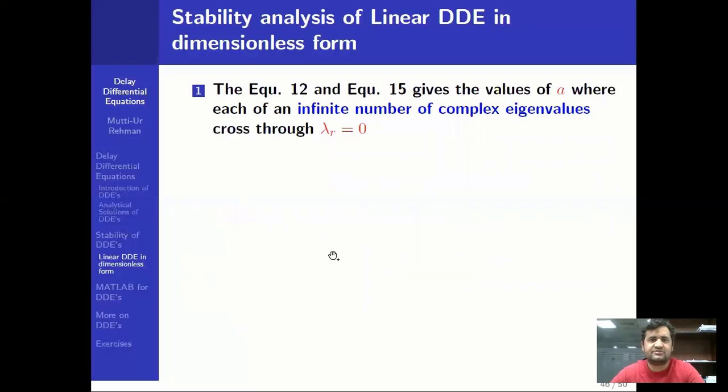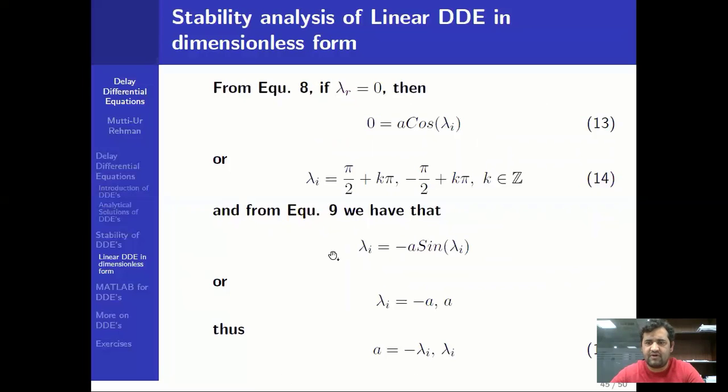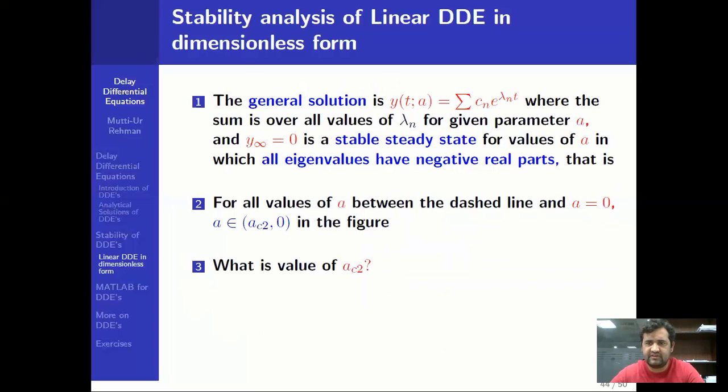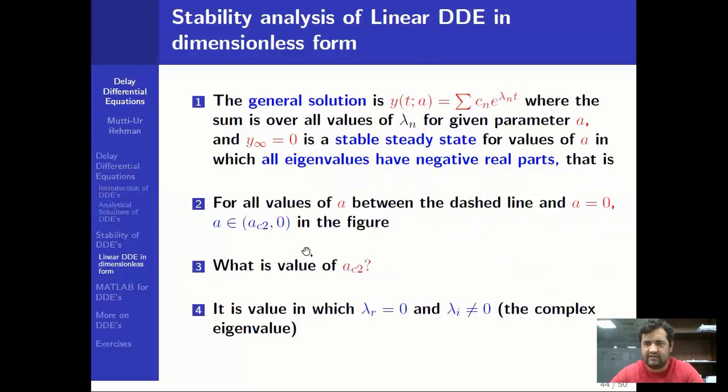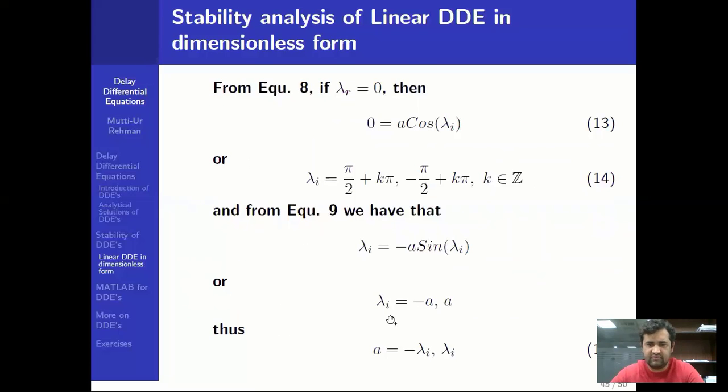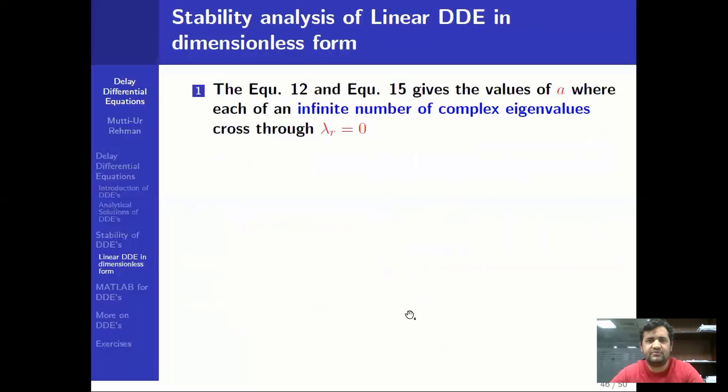So now from these two equations, from this equation, which is an expression for this parameter A, and equation 15, which is over here, you will see the values of A where each of the infinite number of complex eigenvalues passes to this point.